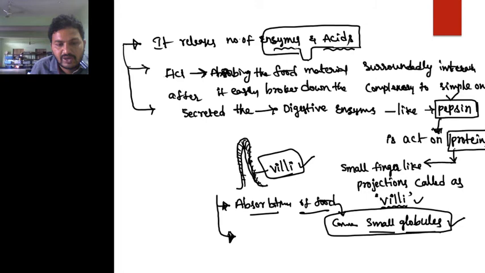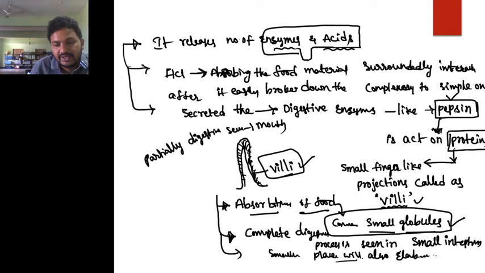At the same time, the small intestine can be compared with the large intestine. The large intestine looks like a coiled tube-like structure.